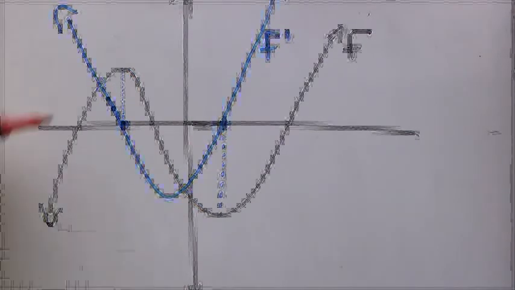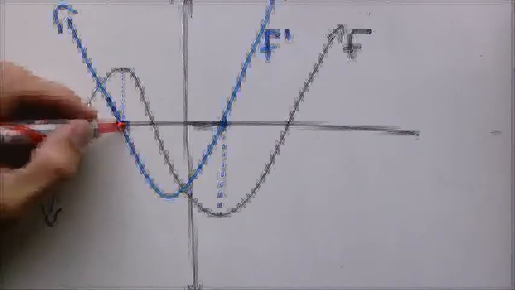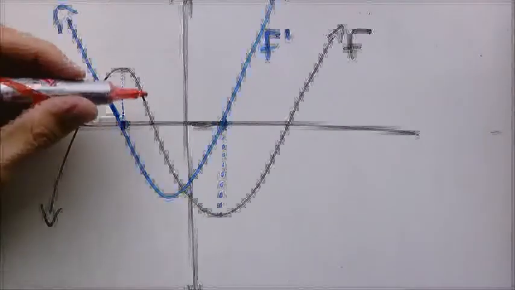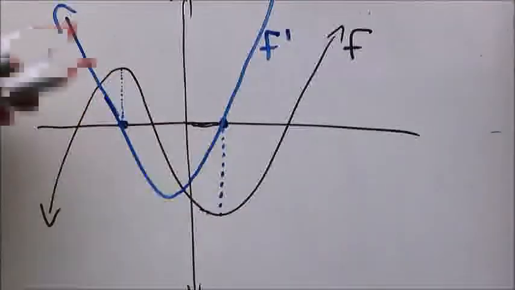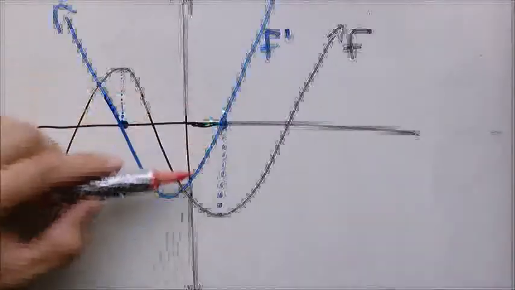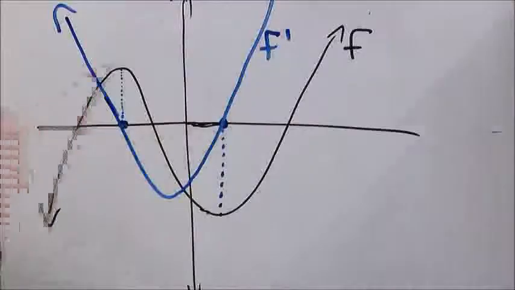Okay, so I'm just going to again show you. Here is where the gradient of the cubic function is 0. That means the first derivative is 0. Here it's also 0 because of the turning point, right? The gradient is again 0. In between, the gradient is negative, so that means it has to be negative. To the left, it's a positive gradient, so it has to be above the line. To the right, it's a positive gradient, it has to be above the line.